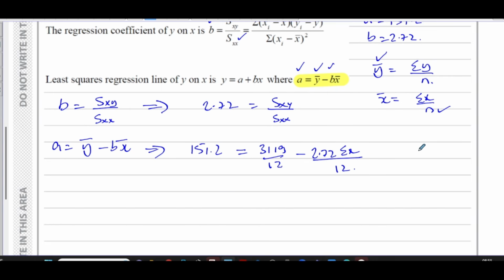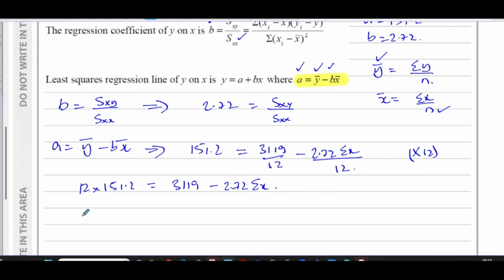So I can multiply both sides by 12 to make it a bit easier. I'll have 12 times 151.2 equals 12 times this, which is 3,119, minus 12 times this, which is 2.72 times the mean of x.